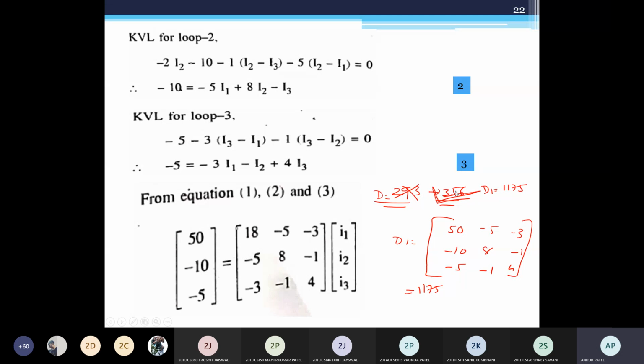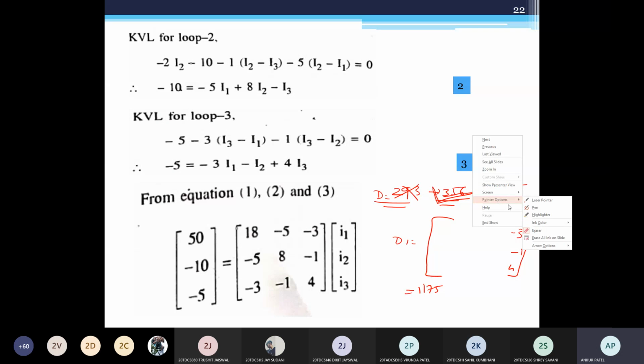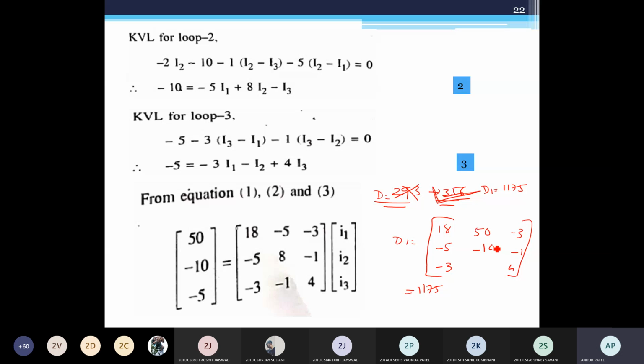Okay. Now find D2. In the D2 matrix, just replace the second column. So your matrix becomes 18, minus 5, minus 3, 50, minus 10, minus 5.